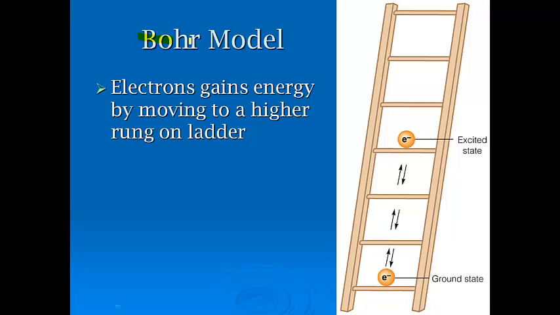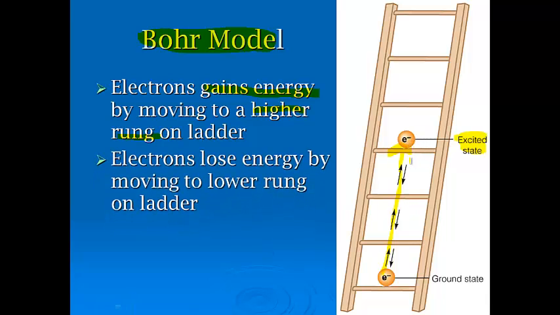Now just to give some more understanding, an electron can gain energy by moving to a higher rung on the ladder. Here's where my electron's starting. It gains energy and becomes excited. It doesn't want to stay there.